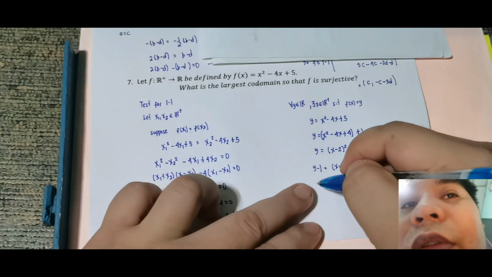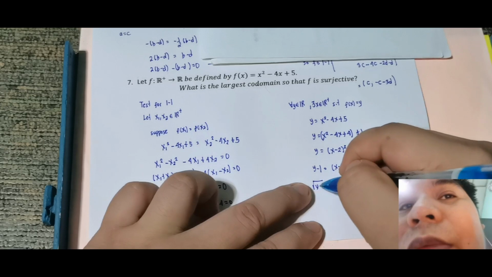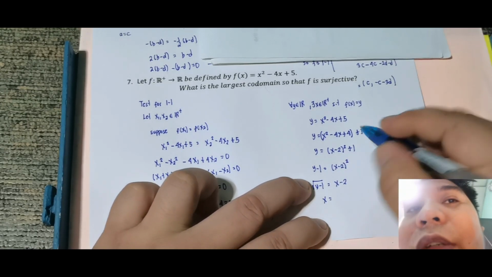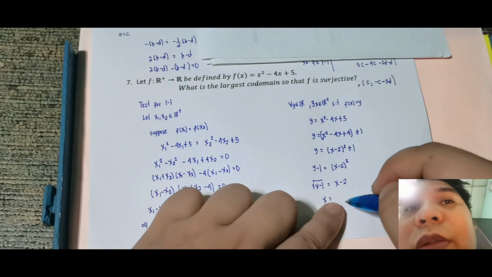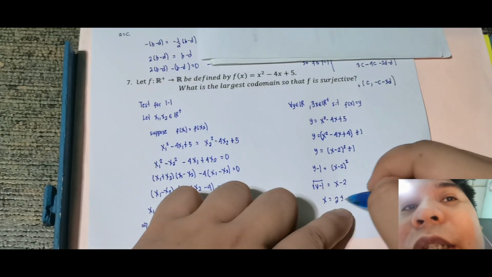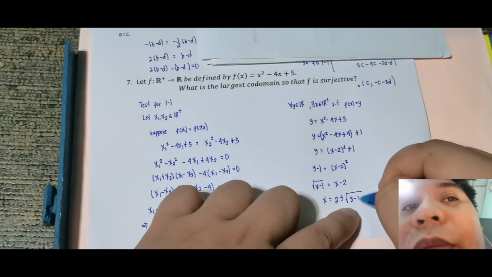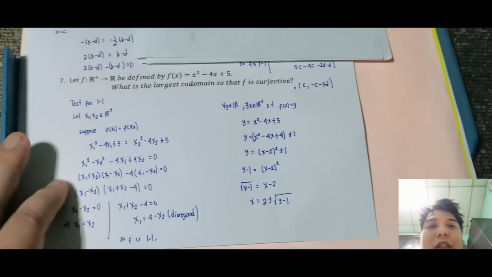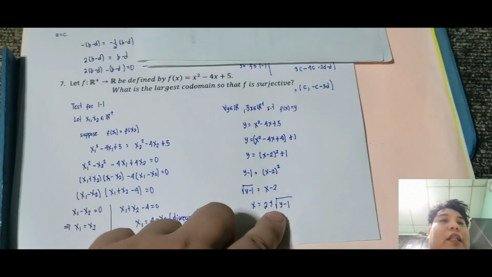So taking the square root, so that is square root ng y minus 1 is equal to x minus 2. So ano yung x? X is equal to positive 2, positive and negative, square root ng y minus 1. Ayun yung magiging sagot niya. Check natin. Ano bang largest y yung kailangan natin?